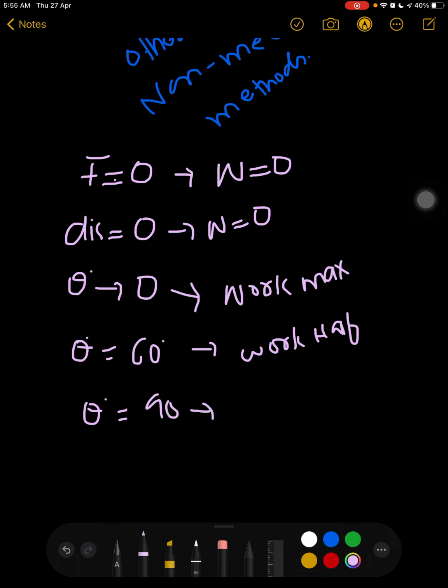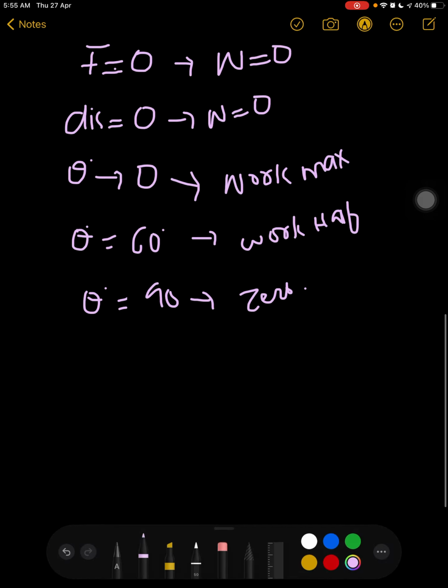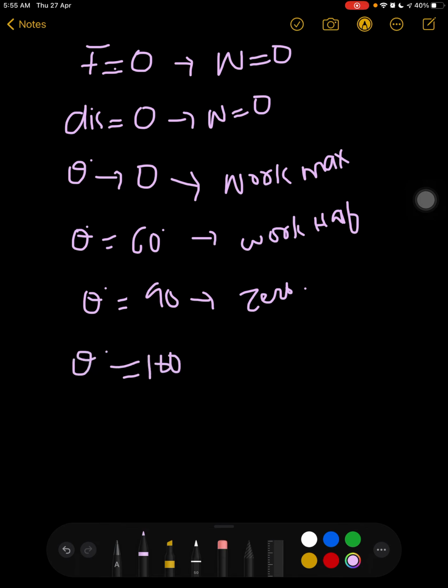If theta is equal to 90, then the work is 0, right? If theta is equal to 180, then the work is negative. Even when theta is equal to 270, the work is negative, right? These are some factors on which the work depends.